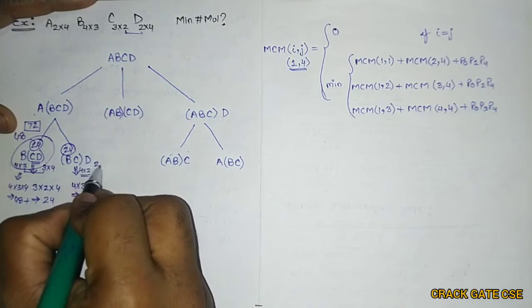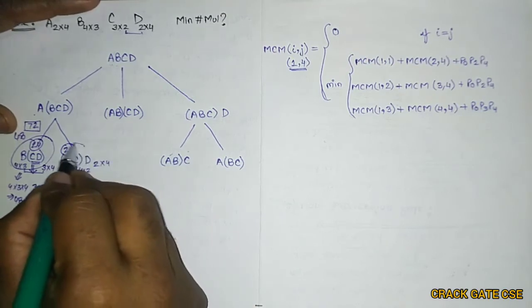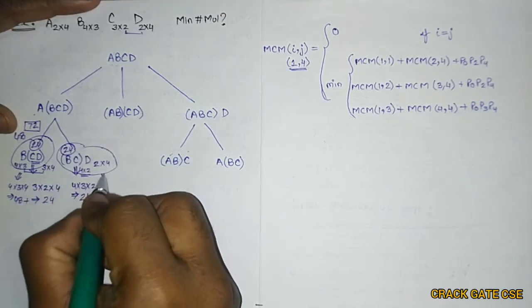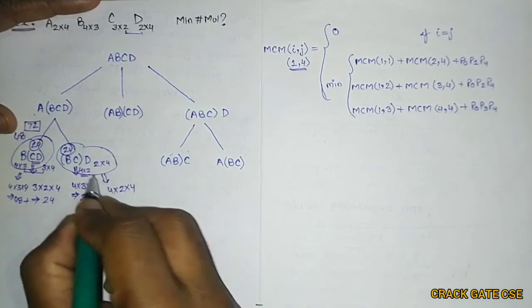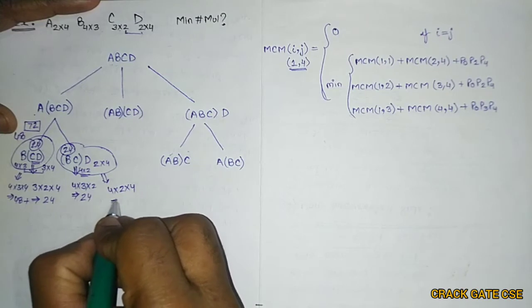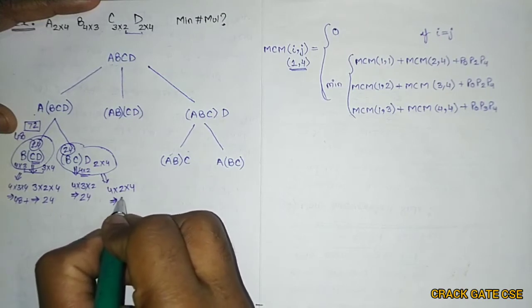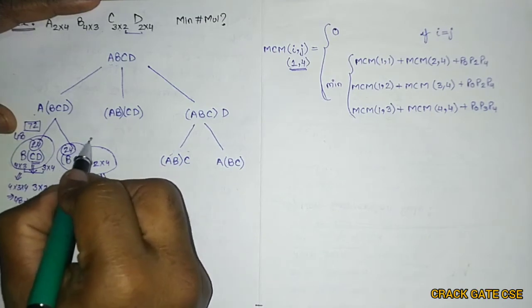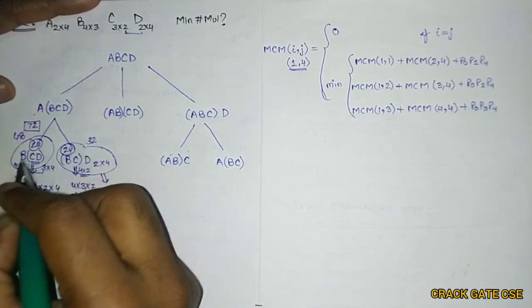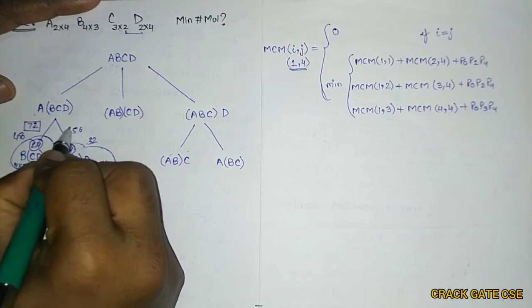Now the dimension of D is 2 by 4. Now I have to multiply combinedly. It will be 4 into 2 into 4, which is 32. If you add this 32 with this 24, you will get 56.